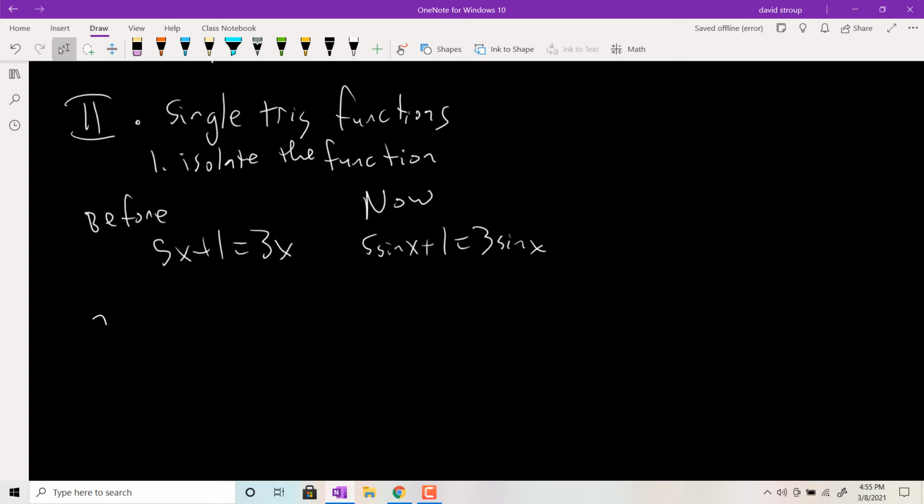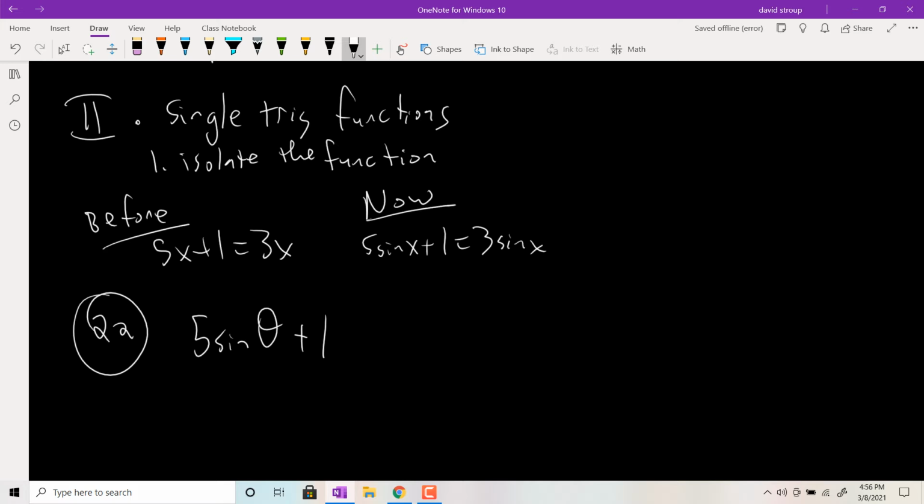Let's take a look at a problem like number 22. We want to find all solutions to the equation, basically just the kind of problem I gave you in my mini example. So anyways, 5 sine theta plus 1 equals 3 sine theta.